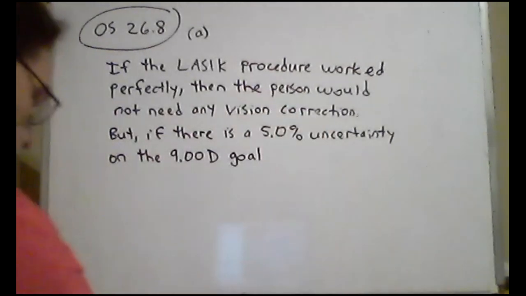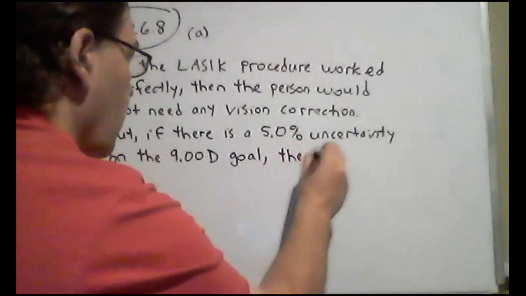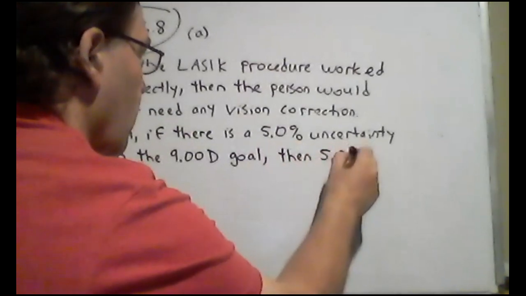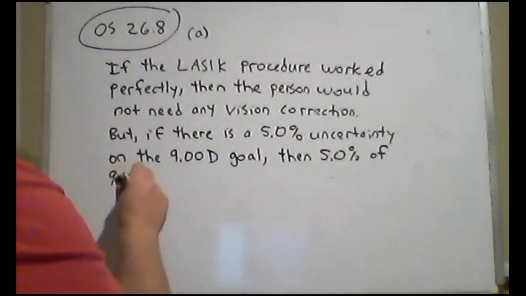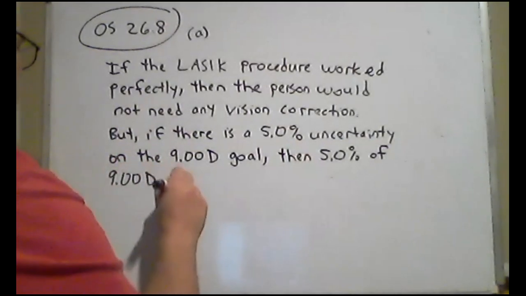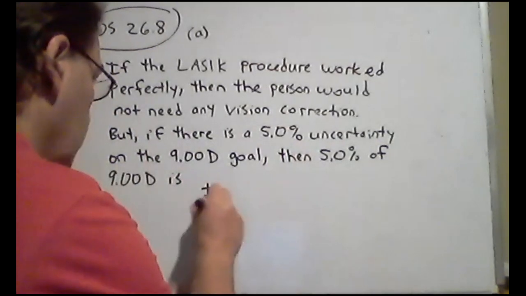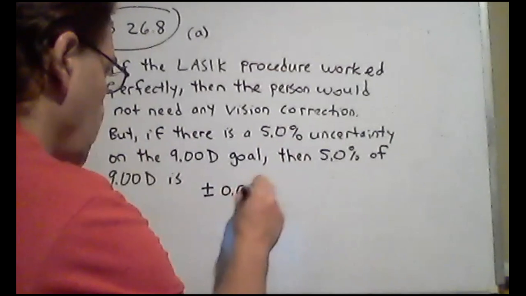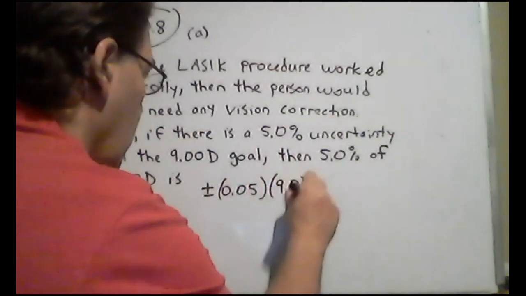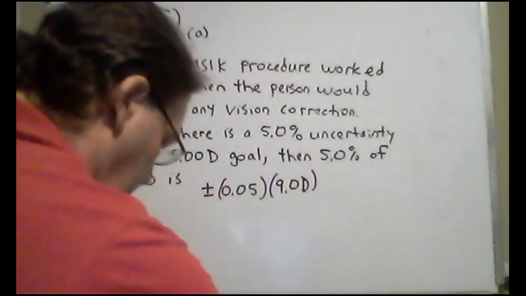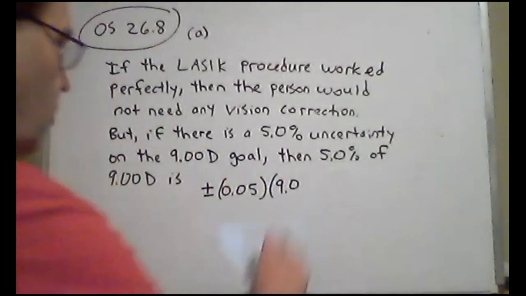then 5% of 9.00 diopters is what? Simple math says you have plus or minus 0.05, the decimal equivalent of the percentage, times 9 diopters. That means we could have a plus or minus 0.45 diopters, which is a really good prescription.